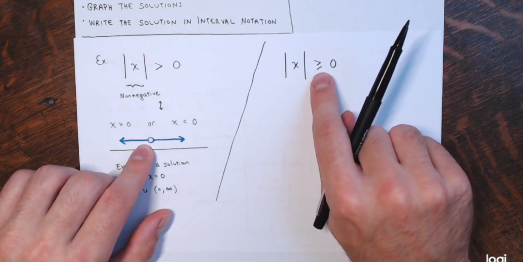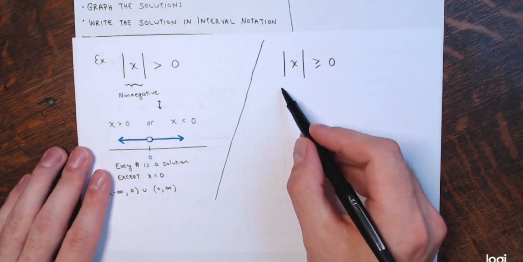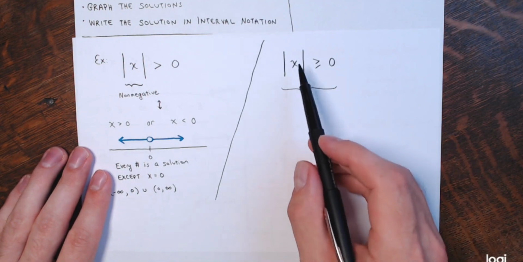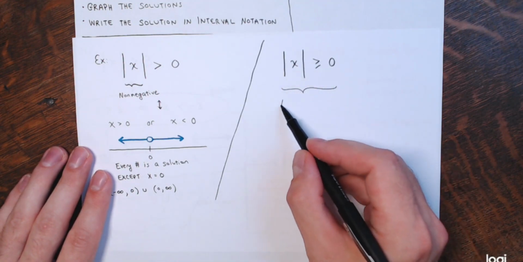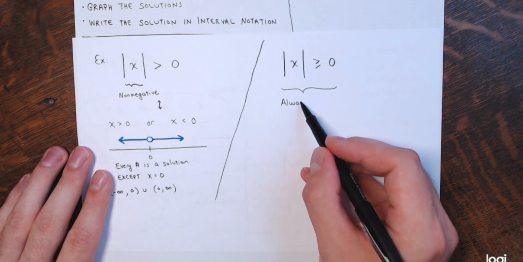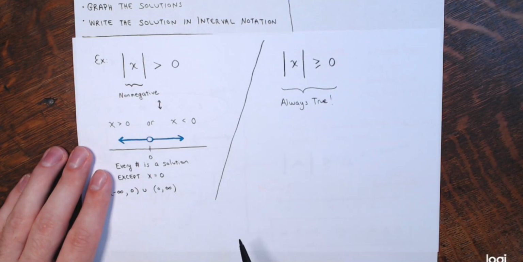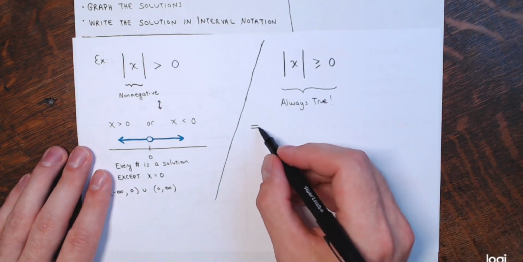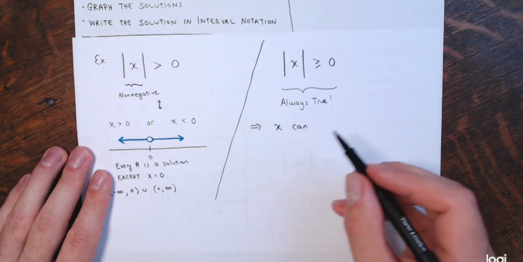As soon as I throw in the equal to part, 0 is a solution. So for something like this, where the absolute value of a number is greater than or equal to 0, this will always happen. This is always true, no matter what you plug in for x. So that tells me that x can be any real number, positive, negative, or 0.